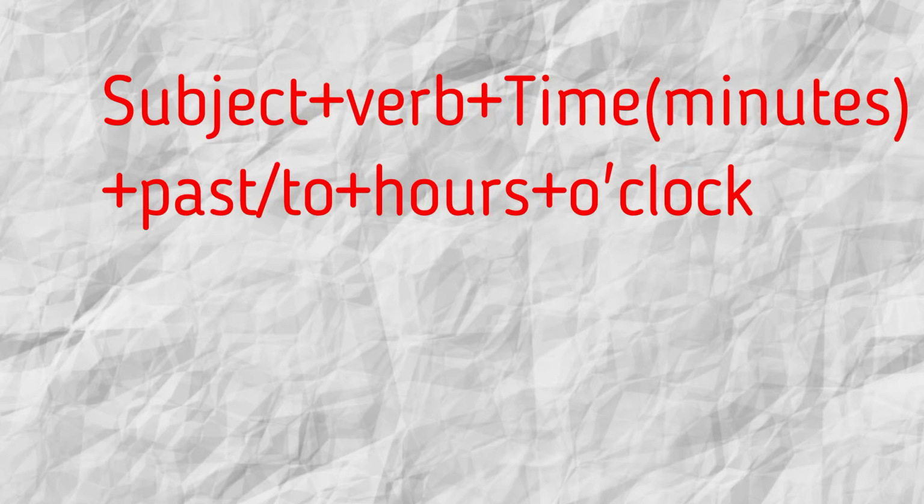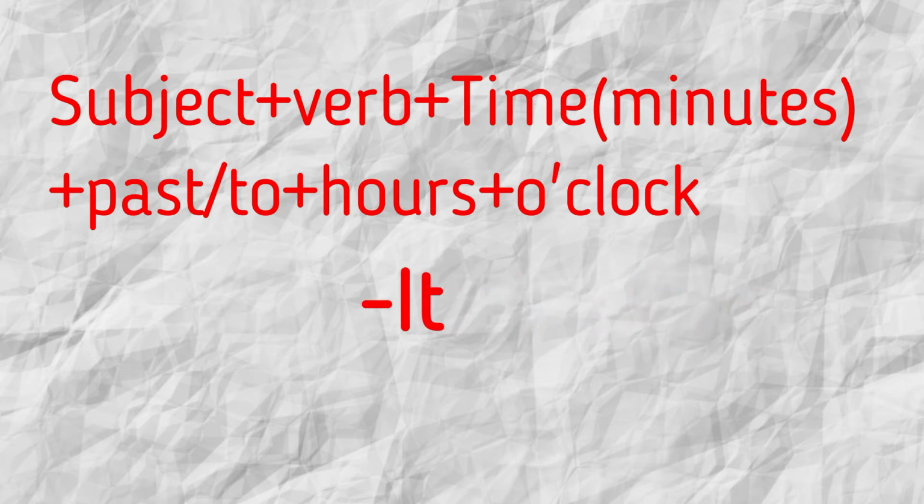When we use past or to in the sentence, the minutes stop at 30 minutes. With past, we use the minutes up from 1 to 30 minutes, and with to, we use the minutes down from 30 to 1 minute.